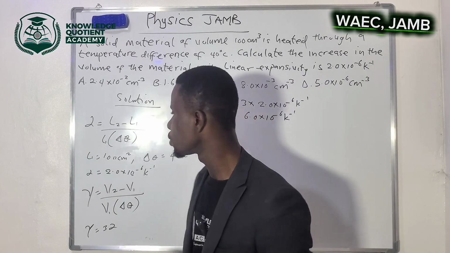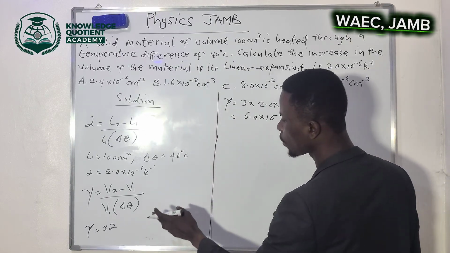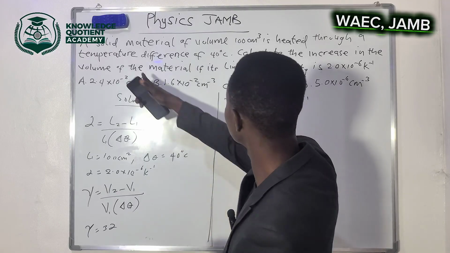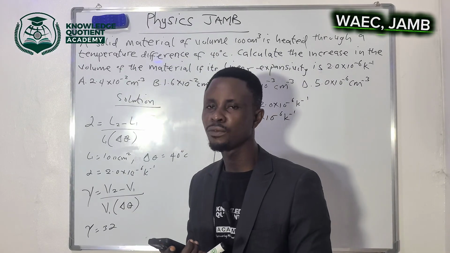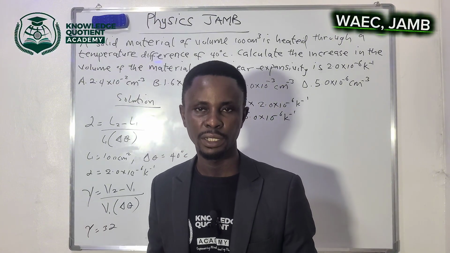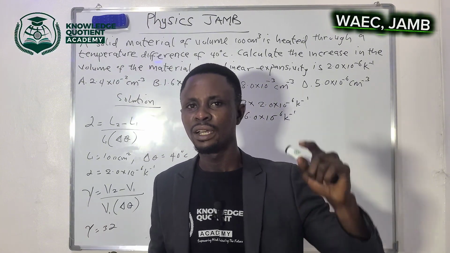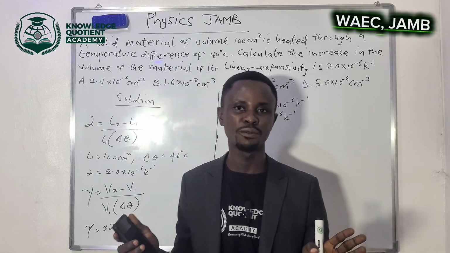Now we can go to the question and use this formula. Remember, what are we looking for? They say the solid material has a volume of 100 cubic centimeters, so we are actually looking for the additional volume, not the total volume of that object. There is a difference between these two, and most students get confused about this.